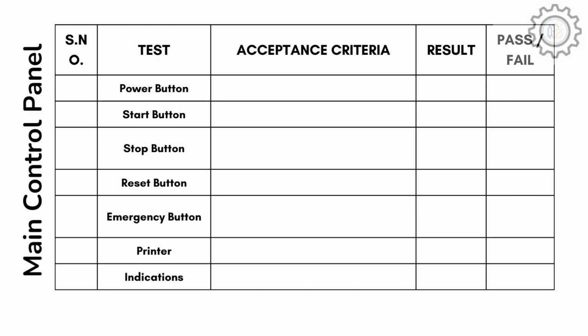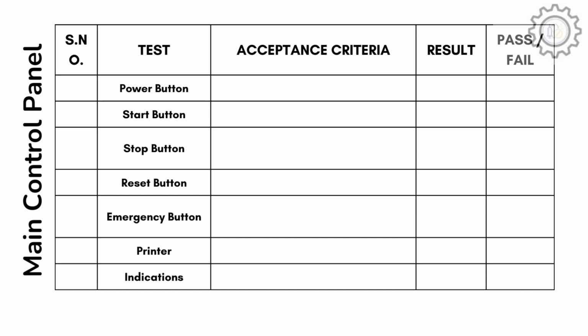All the above components must be present and perform their respective function. For power button, acceptance criteria can be machines should power up, and all the associated electrical electronic components such as HMI, PLC, sensors, drive, etc., should also become active.